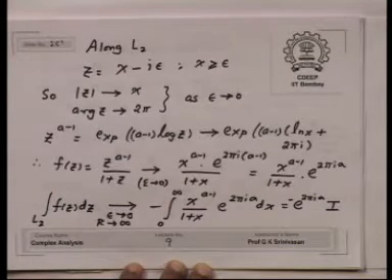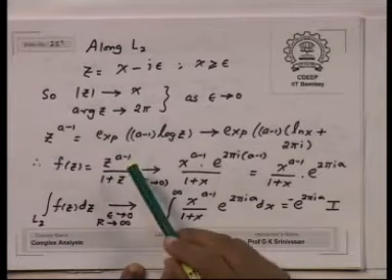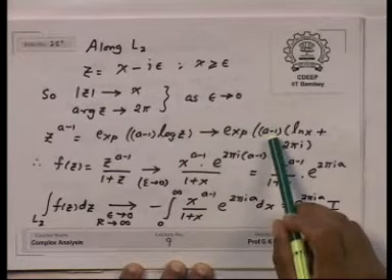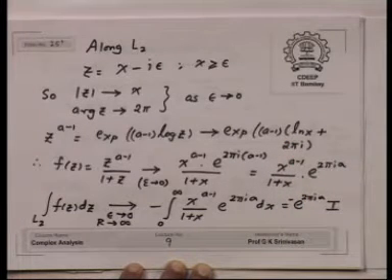So, mod z will simply converge to x, arg z will converge to 2 pi. So, z to the power a minus 1, which is exp of a minus 1 times log z, will converge to exp of (a minus 1) ln x plus 2 pi i into (a minus 1), correct?